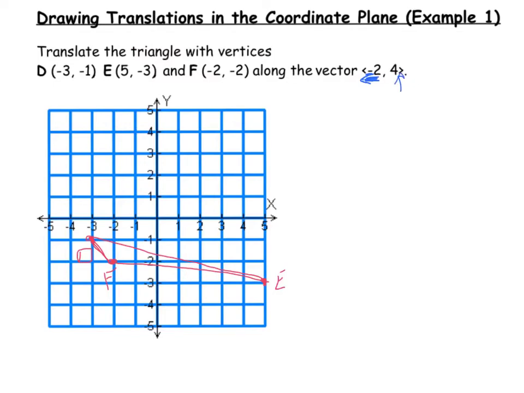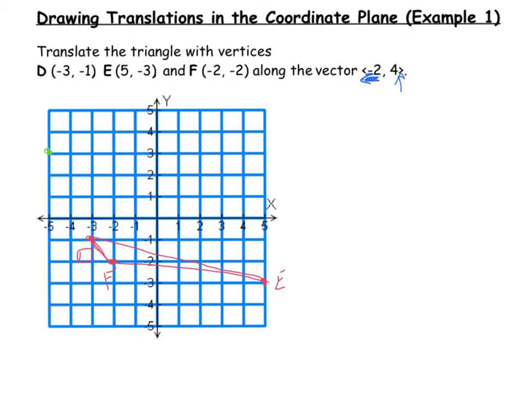Up 4. So we're going to take our D. I'll get you a different color here to make this easier to see. We're going to take our D right over here on our coordinate plane, and we're going to move it 2 to the left, and then up 1, 2, 3, 4, and put our point right there.